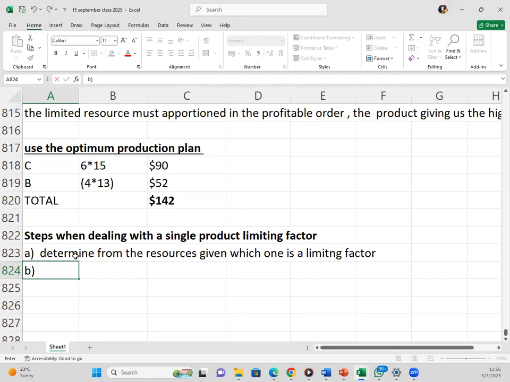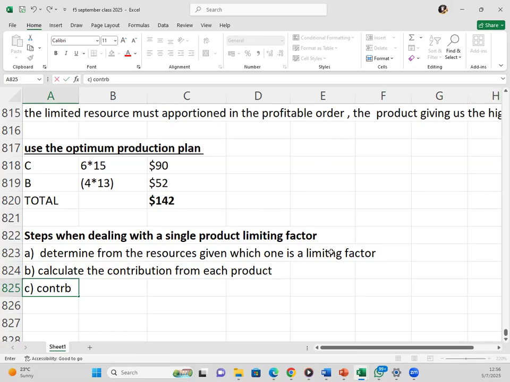So after you've identified which resource, is it material, is it labor, is it machine time? After you've identified the resource in short supply, the next step is to calculate the contribution from each product. They'll give you a number of products, so you calculate the contribution from each product. That's more like the steps we did above.